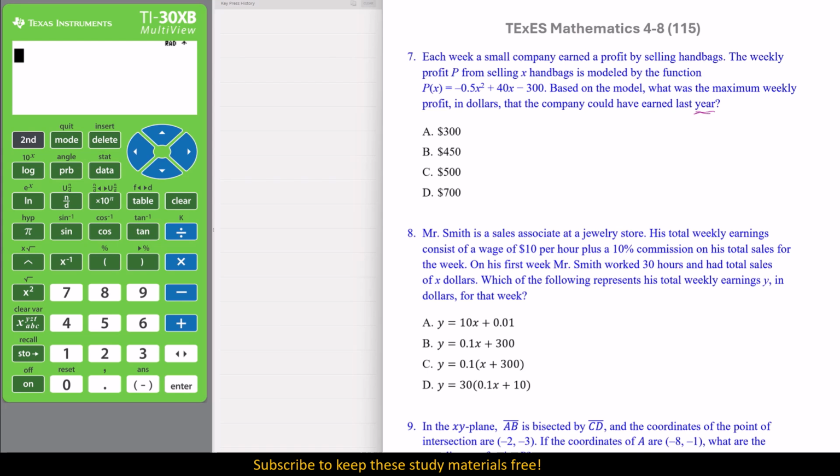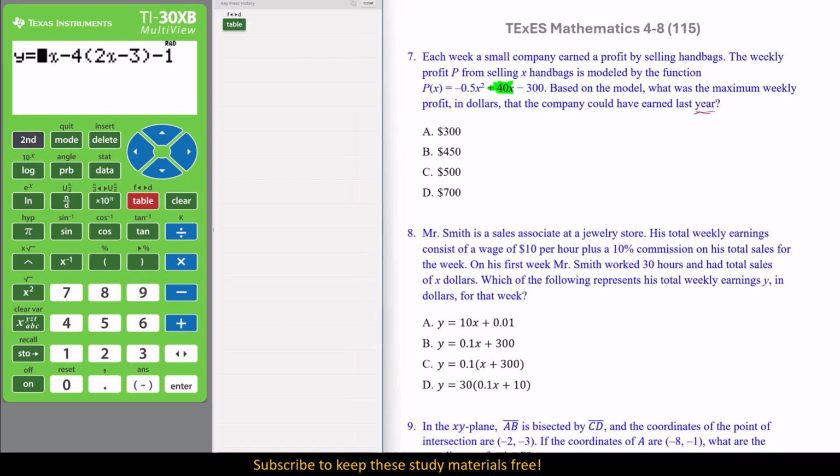It doesn't matter. We need to pop this in our calculator and realize what we're looking for. Now, sometimes, only sometimes, mind you, we can look at this middle term and it will help us out. But let's pop that in our table.